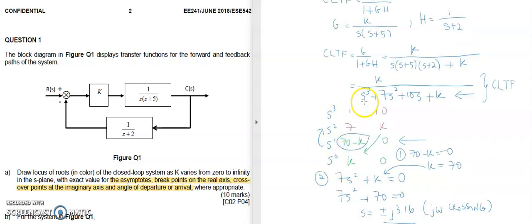The highest is S cubed, so you put it in the first column and then fill up the first 2 rows. This is the odd row, you take the coefficients of the odd polynomial, 1 and 10. This is the even row, we take the coefficients of the even polynomial in the denominator, 7 and k.